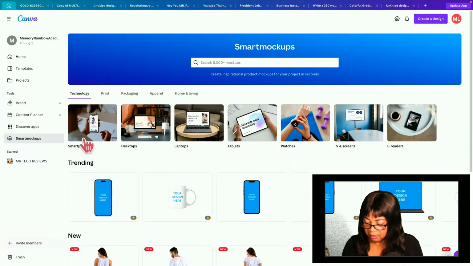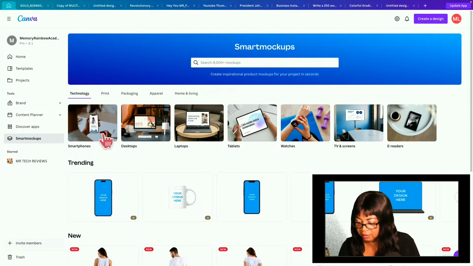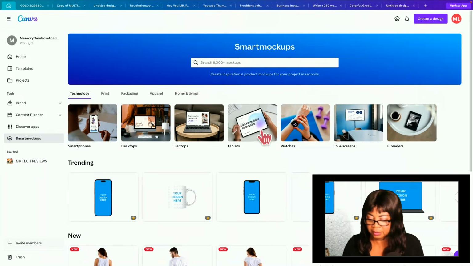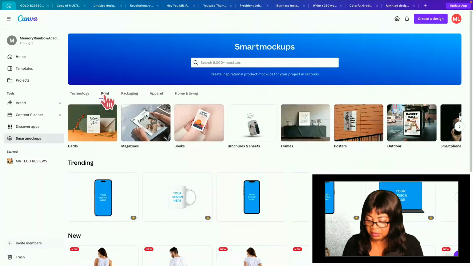And if you want to add like laptops and tablets and so forth into your designs, they're here. You can easily get copies of them and transfer them into your work. So it's very cool.